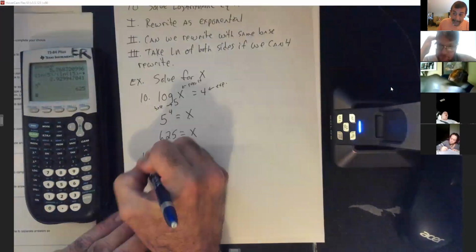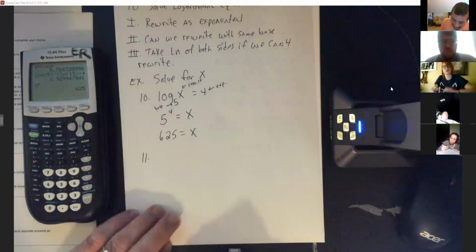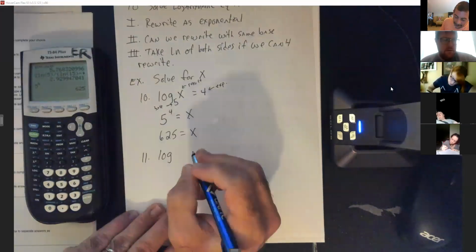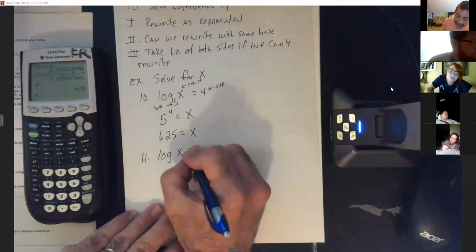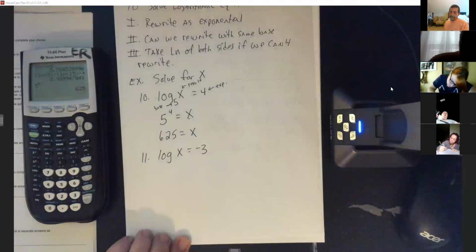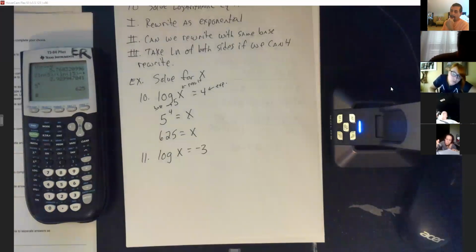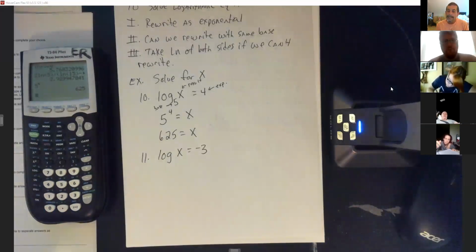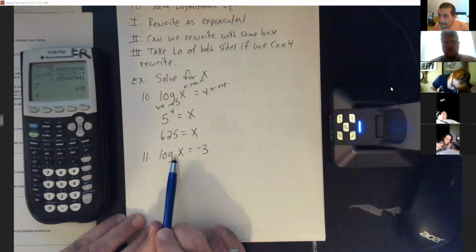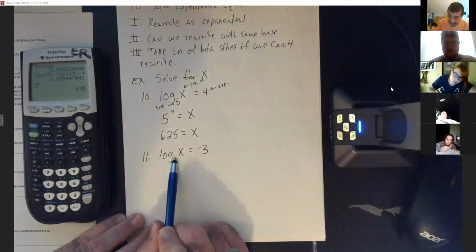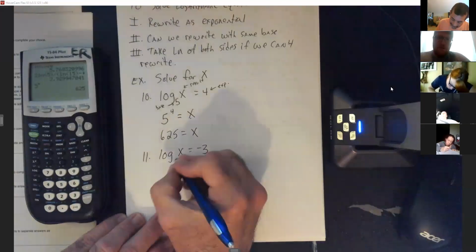These just ain't that bad, are they? How about this? Log of x equals -3. This could be sort of a curveball because I don't see a base there. What would our base be? 10. Perfect. Anytime there's no base, it's understood to be 10.